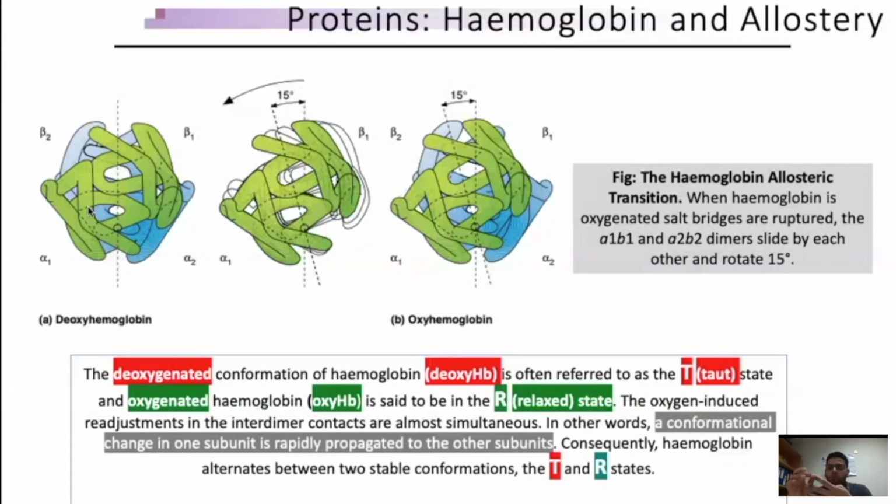As soon as the first binds to oxygen, the rest of the three could easily bind to oxygen because this is a positive cooperativity. Binding of one oxygen slides the chains in a way that makes it possible for the other heme molecules to bind to oxygen. That is why it is a positive cooperativity. So this is a conformational change that makes possible further oxygen binding to the hemoglobin molecule.